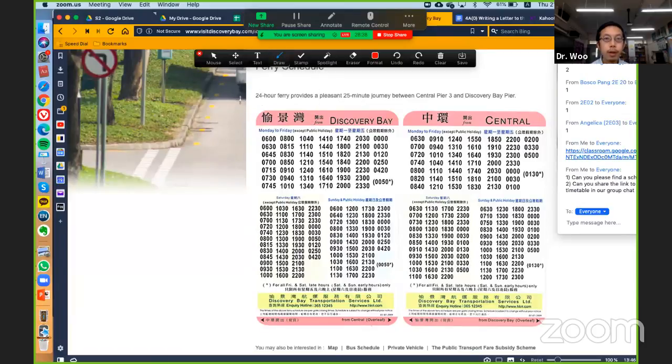So you see ferry schedule, you see a sentence. It's pretty small. You see some time, dates and time. If you're interested, you also see present tense.